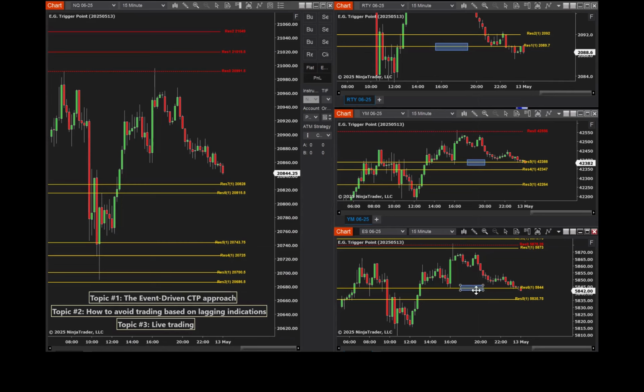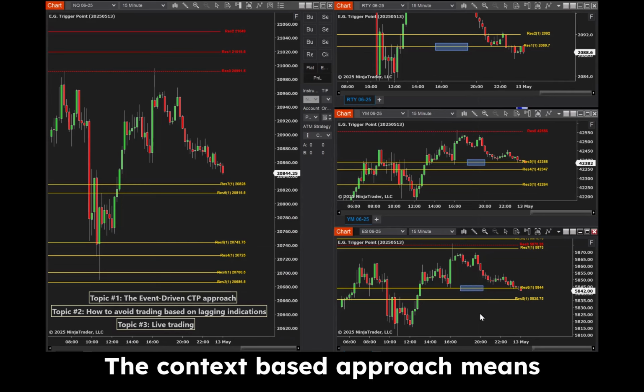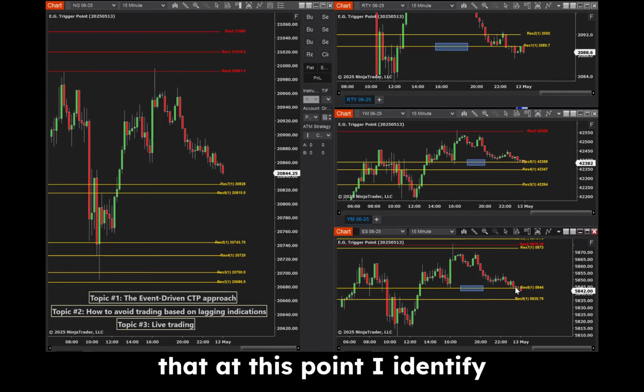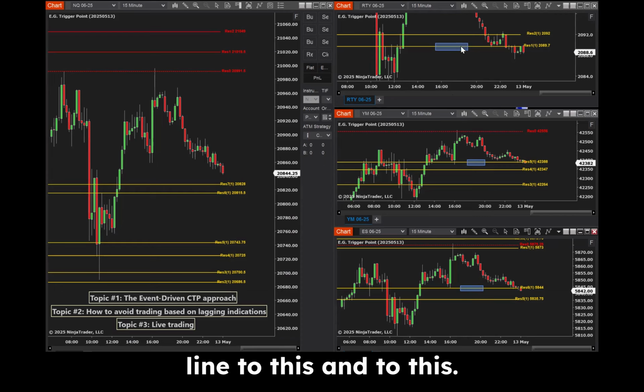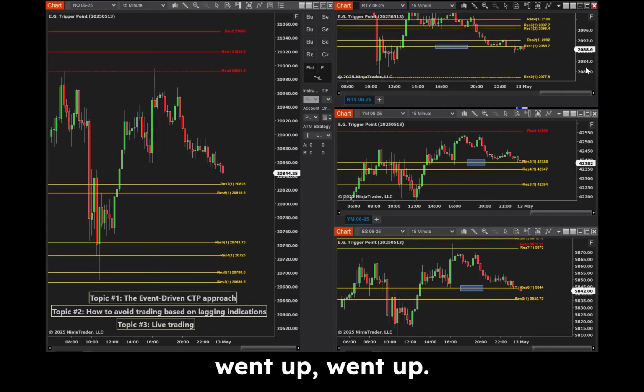Okay, the context-based approach means that at this point, I identify that this is the equivalent line to this and to this, but this line has historical context. Historical context in this case is that this line was a great resistance, then it broke, then the market went up, went up, went up.